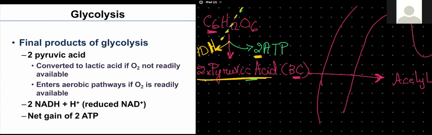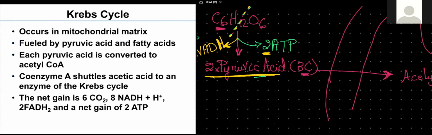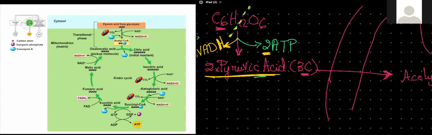The transformation of the pyruvic acid into acetyl-CoA is going to be allowing you to get rid of one of the carbons in the form of a carbon dioxide. And at the same time, you're going to also be losing a hydrogen.